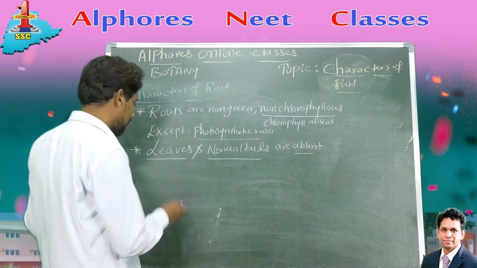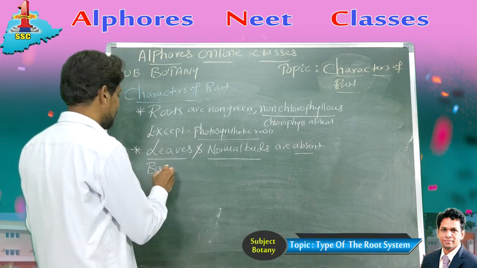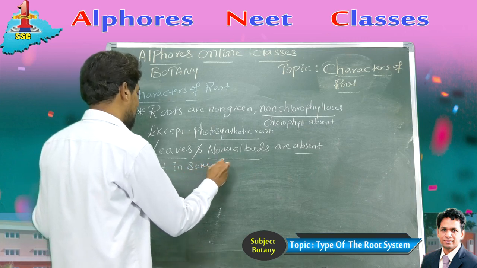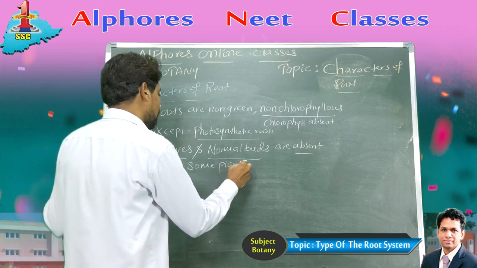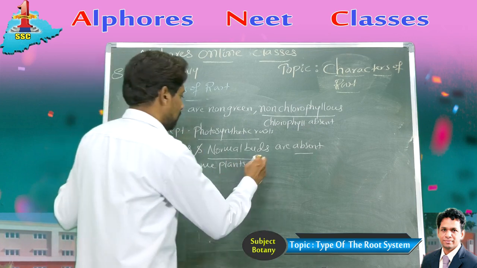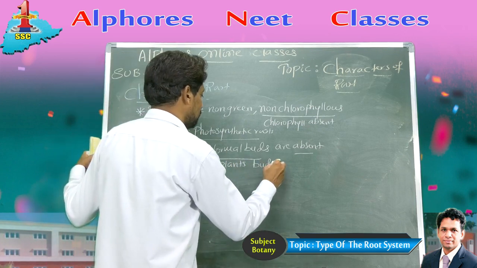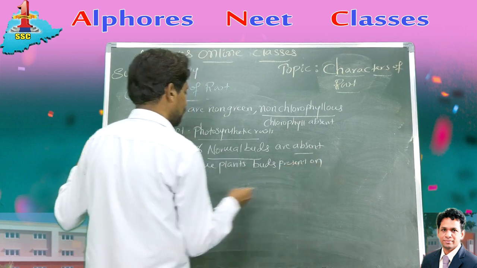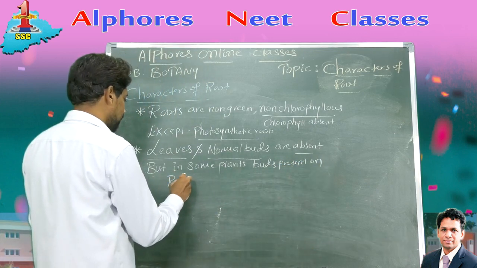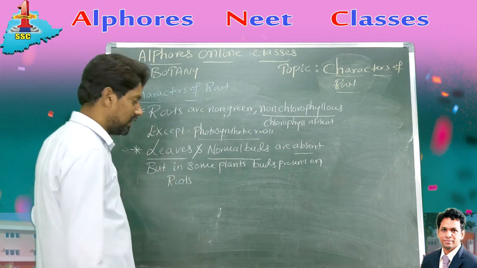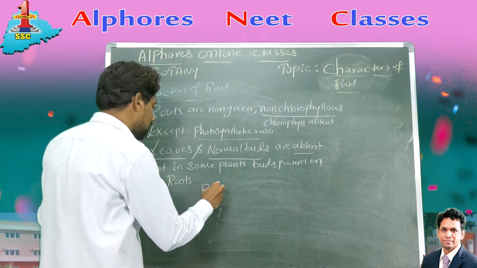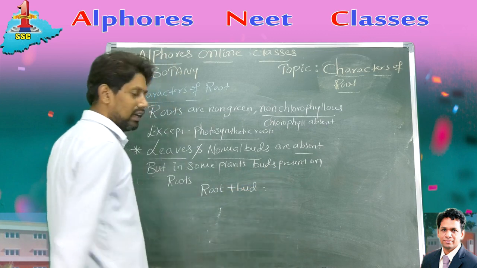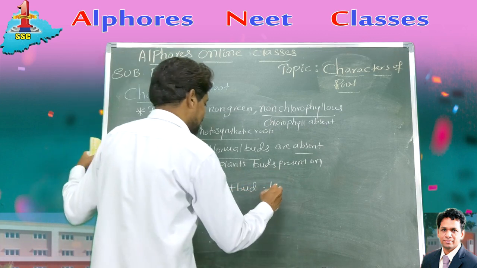But in some plants, write: buds present on root. Sir, if a root is with a bud, what is that bud called? A radical bud.